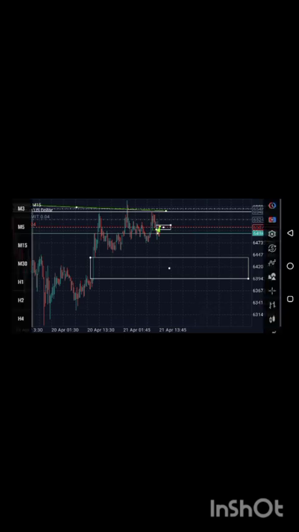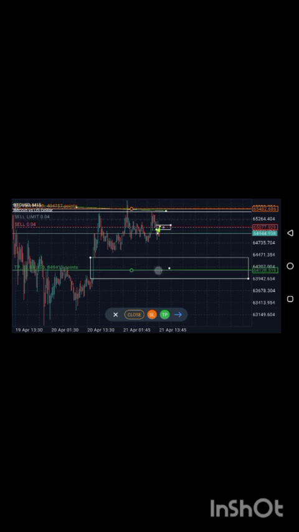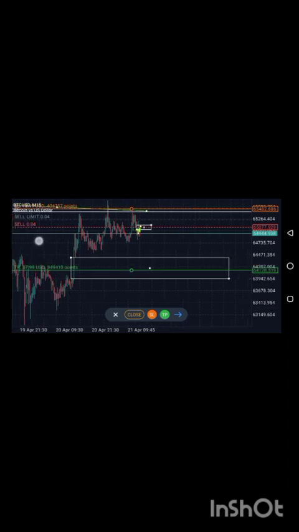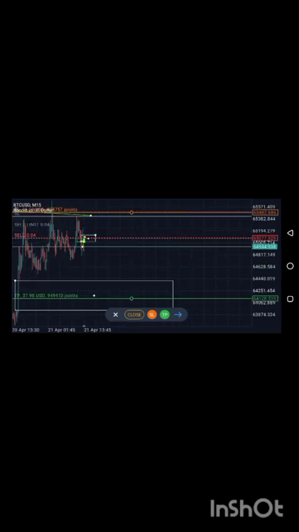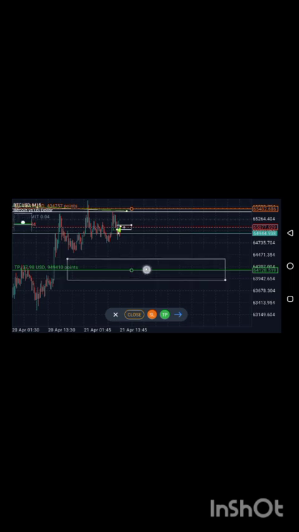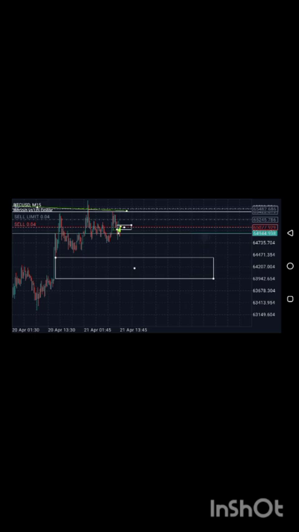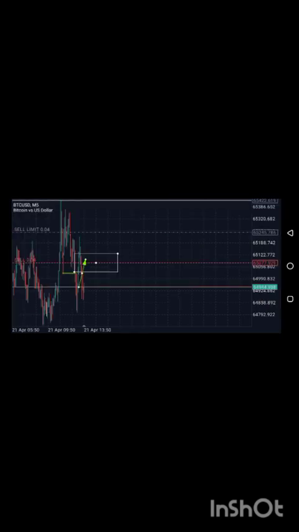So if I want to place my TP, it should be around here, at least 50% of this box here. So price is expected either today or tomorrow, no matter what, to fill this box, this FVG, at least 50%, before it either wants to go up for more liquidity or come down. That's what I'm expecting price to do.